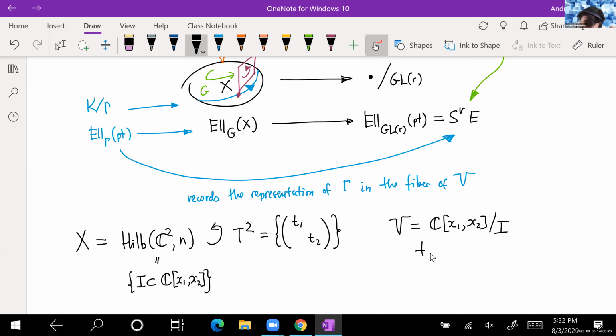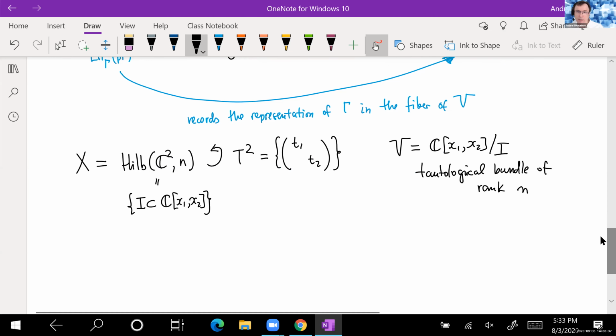This is the tautological bundle of rank n. What would be the Chern class as well? Here I have n unordered points.